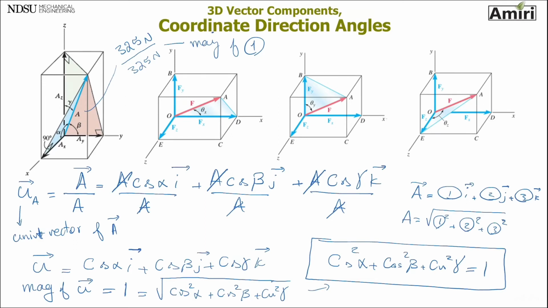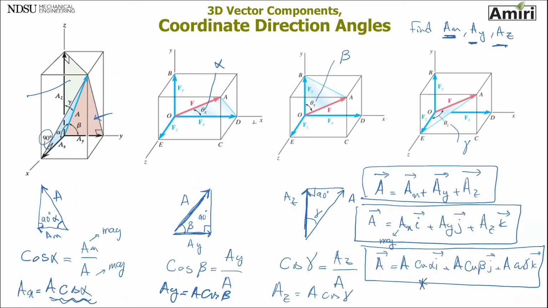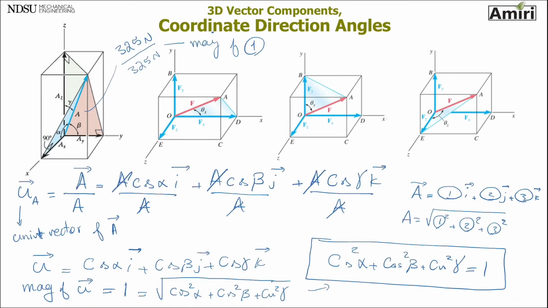So what I did here is just prove that this relation exists between the 3 coordinate direction angles. And what that means is, if someone gives you 2 of the angles with the axes, you can find the third one, go back, put it in this equation, and find the magnitudes. I promise it's going to be a lot more clear when I go over some examples.